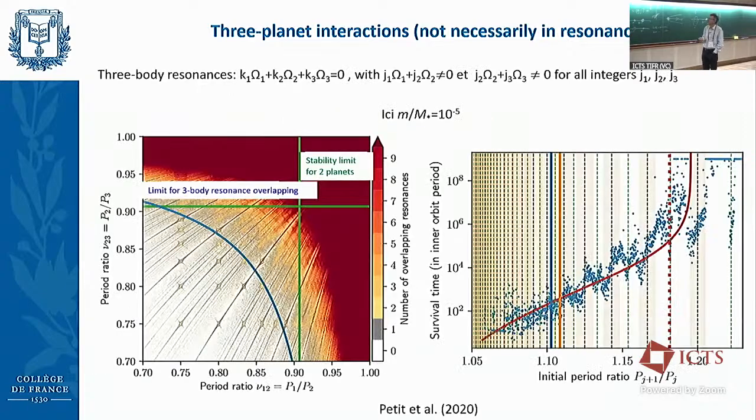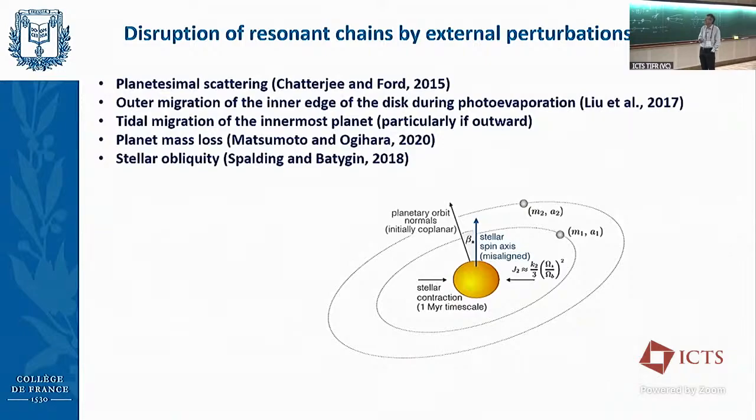Let's keep this for simplicity and say that what I showed so far, of course, is for systems that are very pure, like those that you generate in a computer, where you have just your planets interacting with each other and nothing more. And this, we studied and understood the limits for the instability or stability of resonance chains.